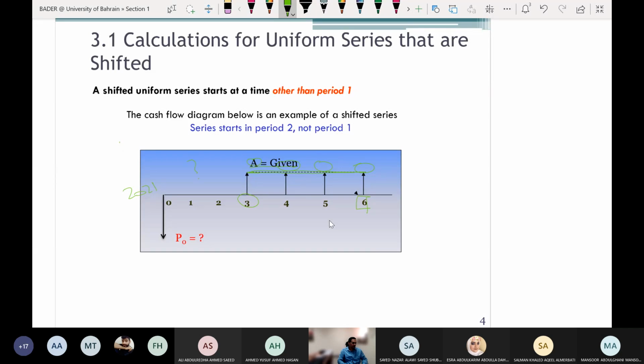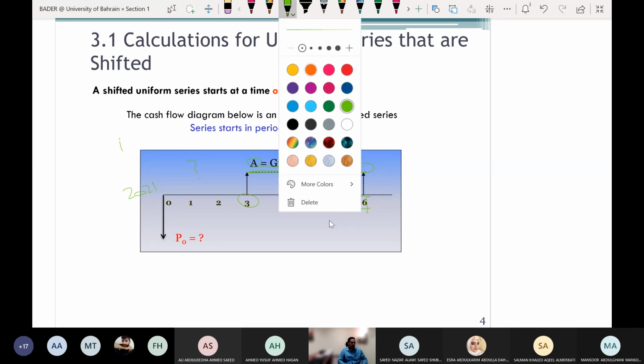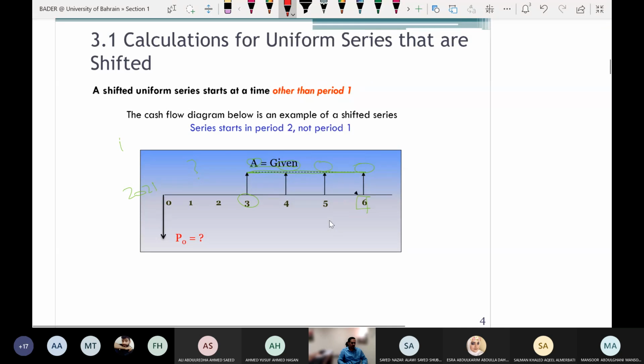So now my concern is, how do I deal with this? I need to find out the compound effect. Let me change the color to make it clearer for us, guys. I need to find out how to overcome this problem, and it is very straightforward. I use a logic called the goalkeeper. In football, what do we have?